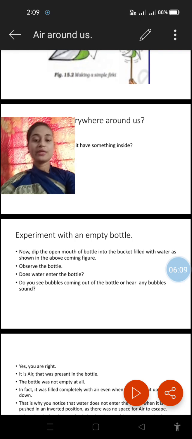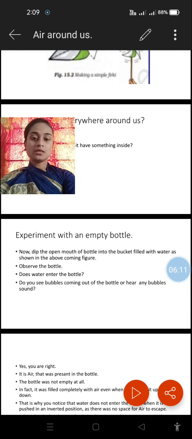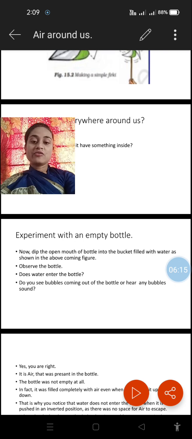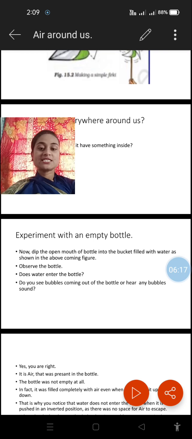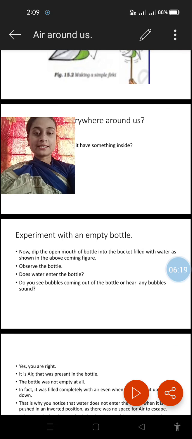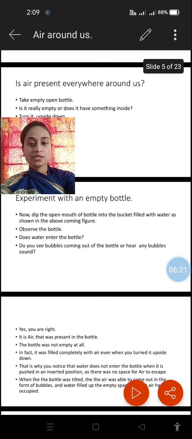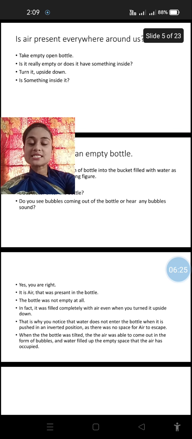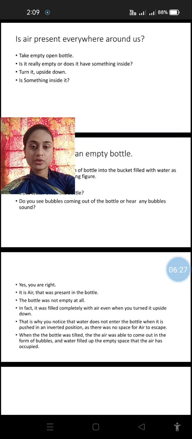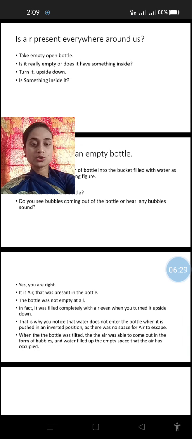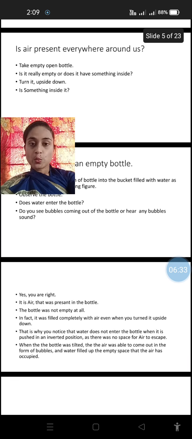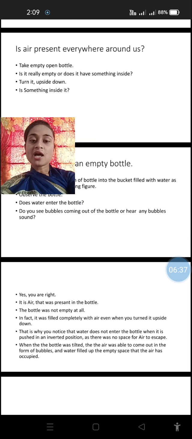Now the second point is, observe the bottle. Does water enter the bottle? Do you see bubbles coming out of the bottle or hear any bubbling sound? Obviously, if we do the same experiment with full concentration, we will be able to see the bubbles coming out of it.